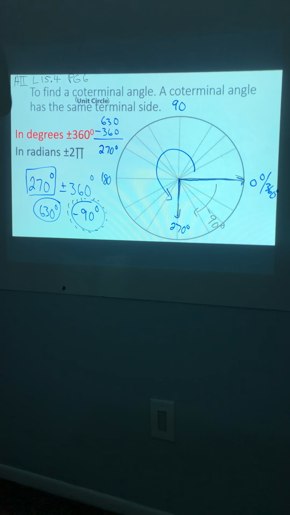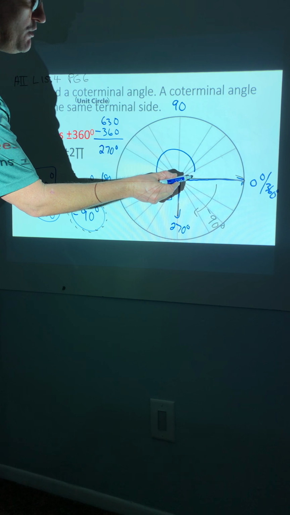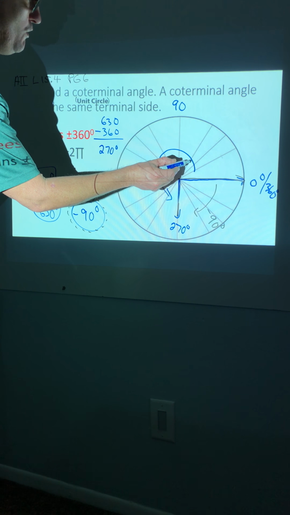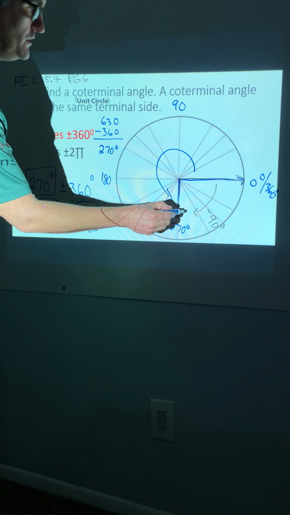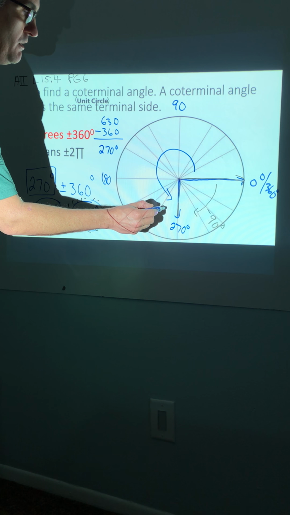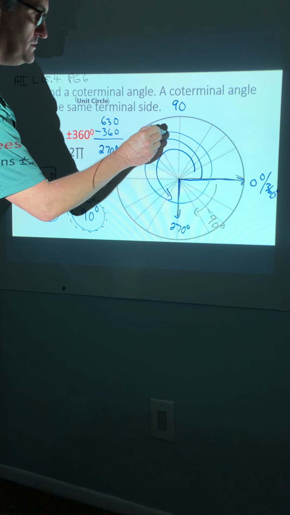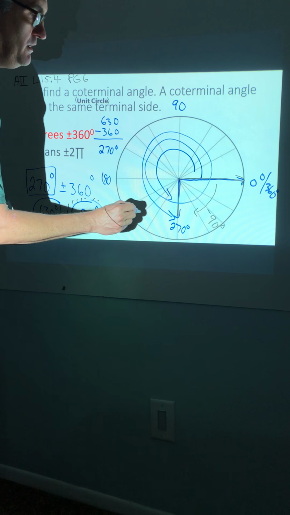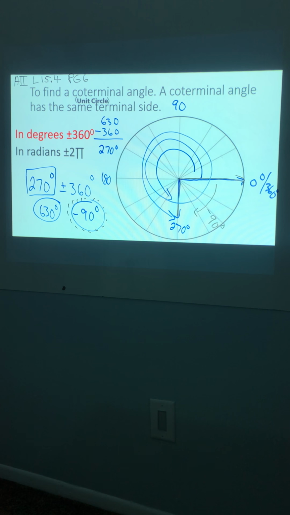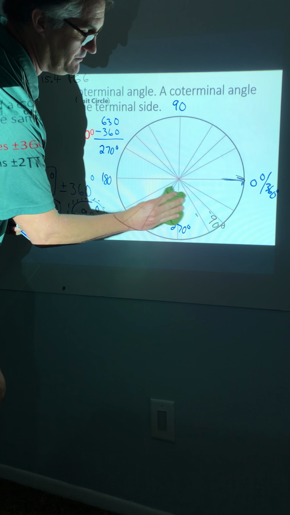So watch what you do. You would start here, do one whole revolution, and then do 270 more. I don't know if that's really confusing with all those loops. Actually, let me erase all of that real quick, because I do think that's a little confusing.